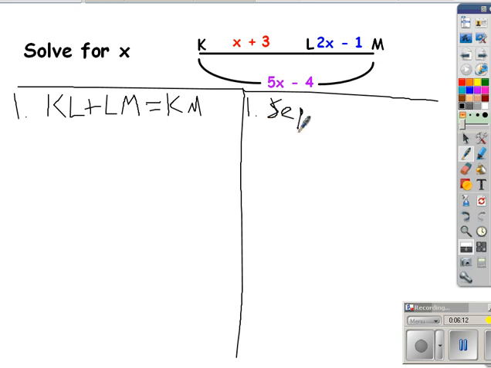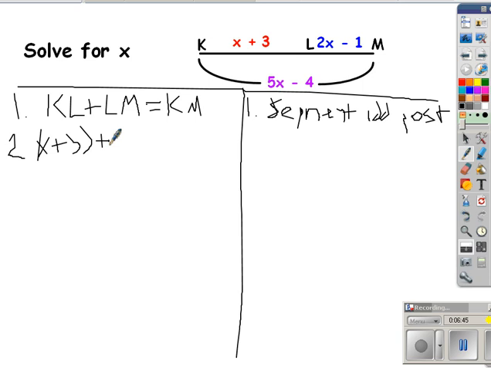You have to forgive my handwriting. You may not believe it, but that actually says segment addition postulate. Segment add post. Doesn't look like it, but that's what I mean to say. Then I can plug my parts in here. KL, that's the same as x plus 3, according to that top statement there.